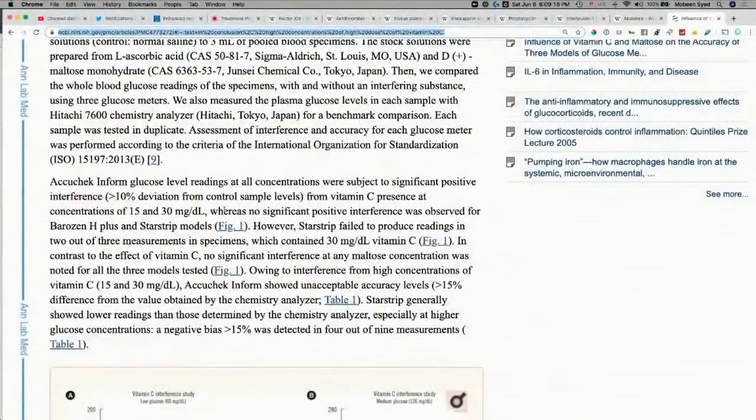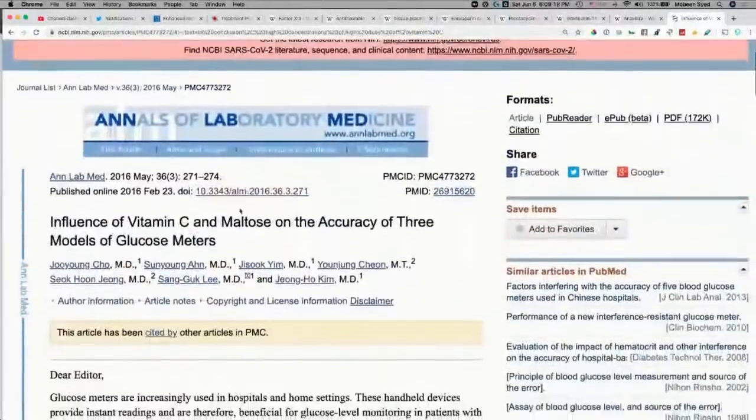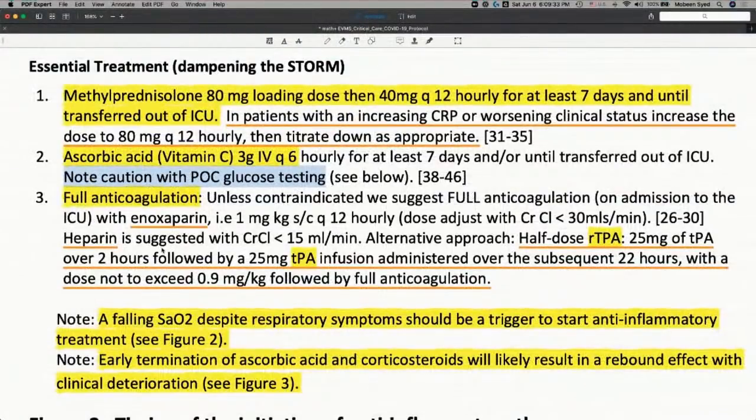I have the study open here, which says influence of vitamin C and maltose on the accuracy of the models of glucose meters. So when the point of care glucose is tested, it is actually possible that higher doses of vitamin C can actually mask the hypoglycemia.